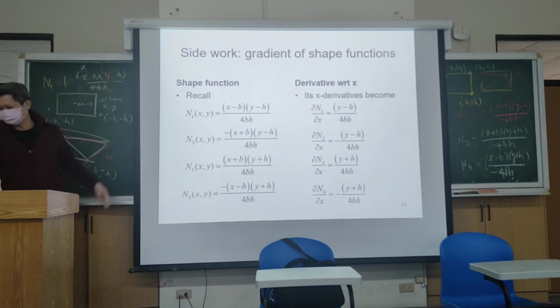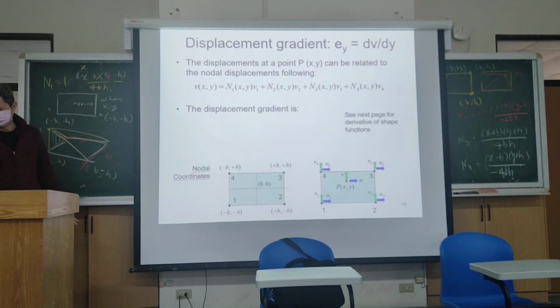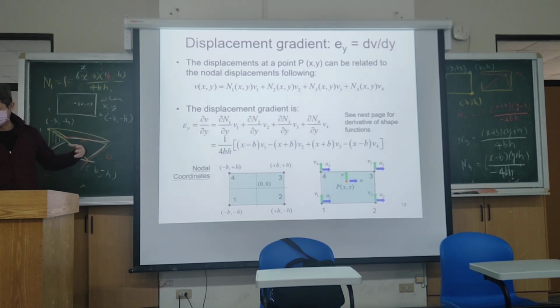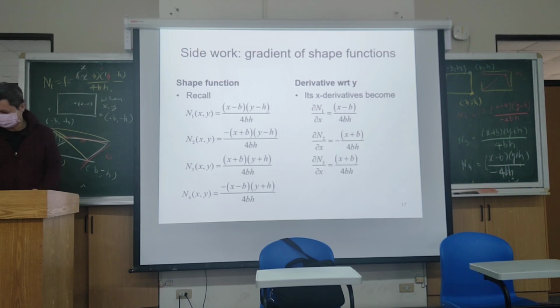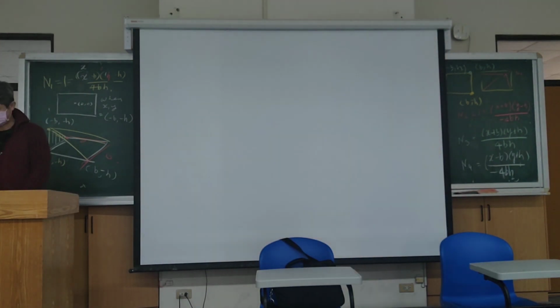Now you have the derivative for the 4 nodes. Okay, and then doing the same way, you can define the strain in terms of the shape function gradient times the respective nodal displacement. And then you do the same with respect to y. Okay, let me correct this.